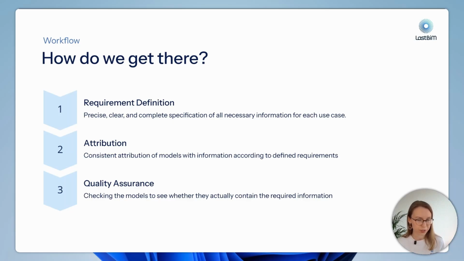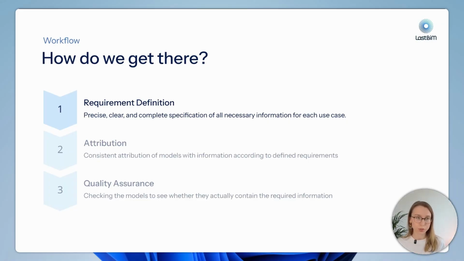So the requirement definition here in the beginning is the foundation for all the processes that come afterwards. When I'm not clear and precise here, then it's predictable that misunderstandings and errors will follow in the next steps. And also what I do not define here, I cannot expect to be delivered afterwards.